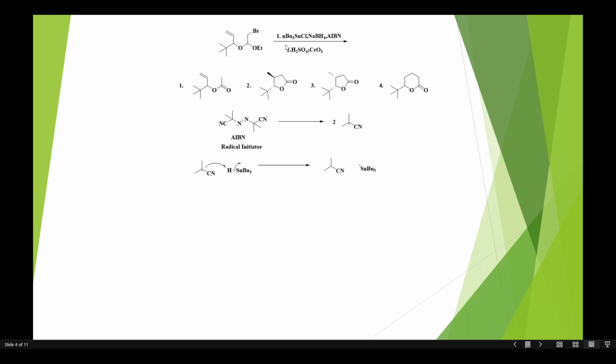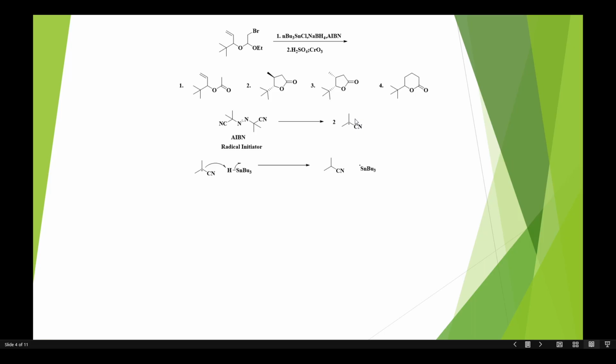That's the reactivity in this particular case. Sodium borohydride is there for the generation of the tin hydride, and after that you get the tin radical. If you don't add sodium borohydride, you won't get the tin radical; you will only get this radical.